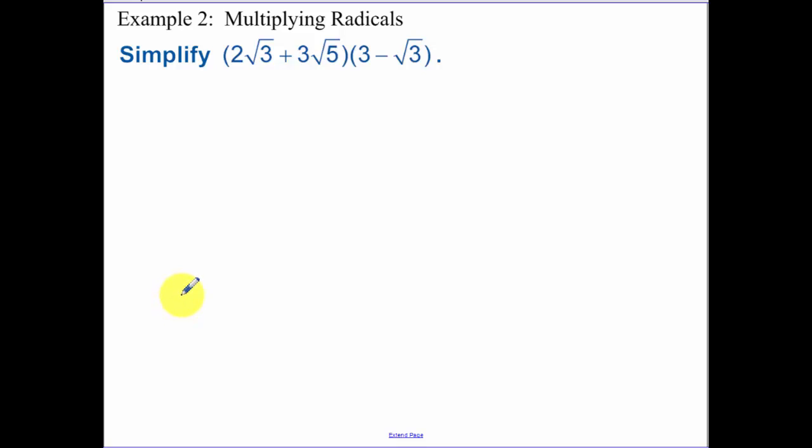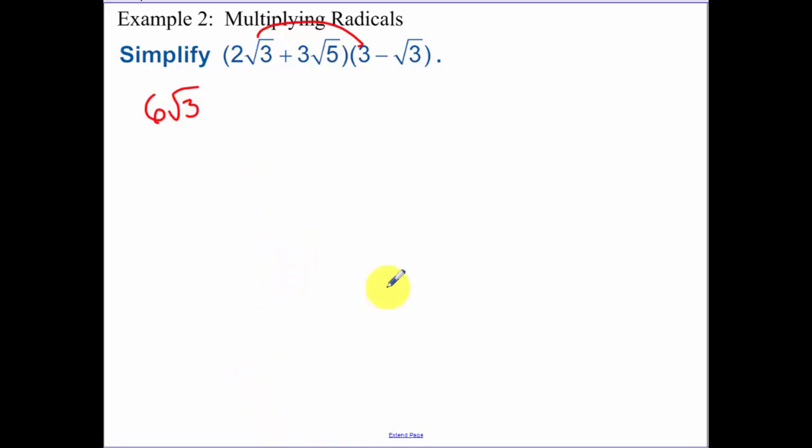Okay, multiplying radicals. Basically, this is just FOIL. Just think about it like FOIL. First terms together, we would get 2 times 3, which would be a 6 root 3.